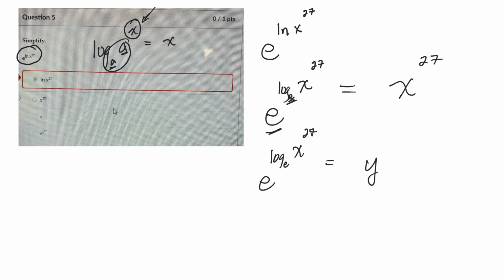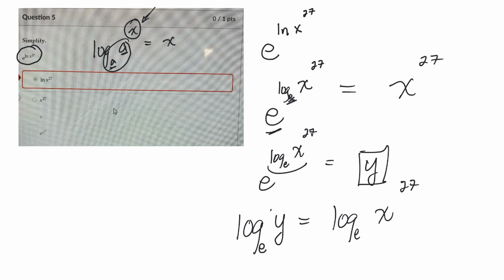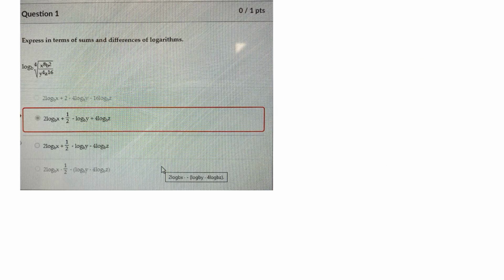The exponent is always what it's equal to. So it's log base e of y is equal to log base e of x to the 27. So y is what we're looking for, the answer to that. This is the same as that, so it has to be x to the 27th.